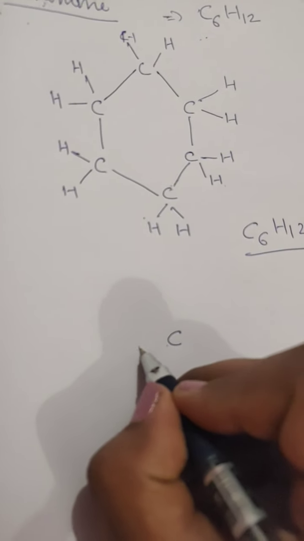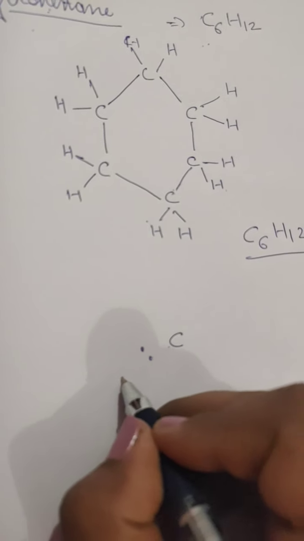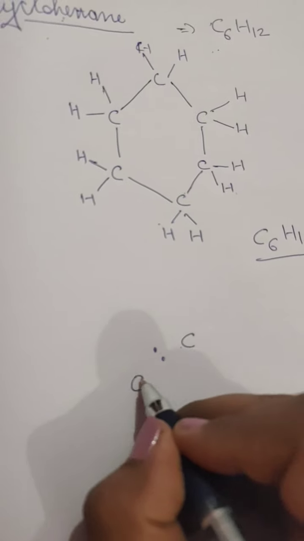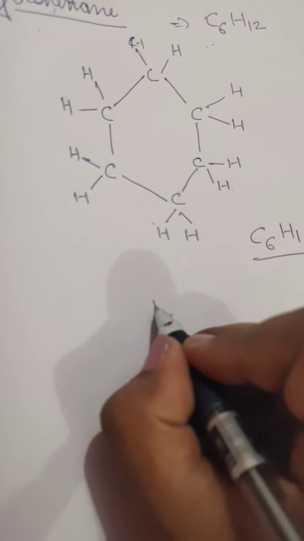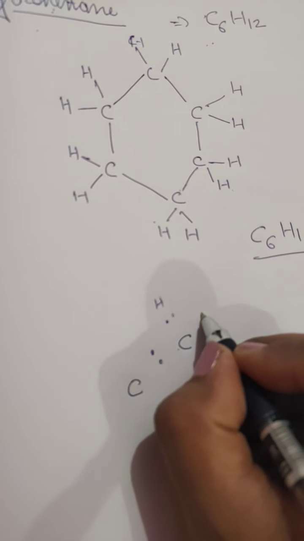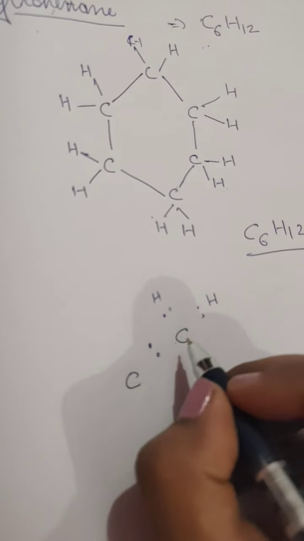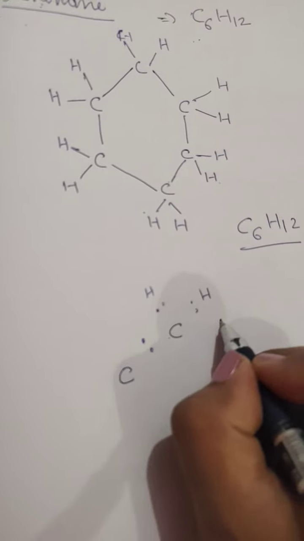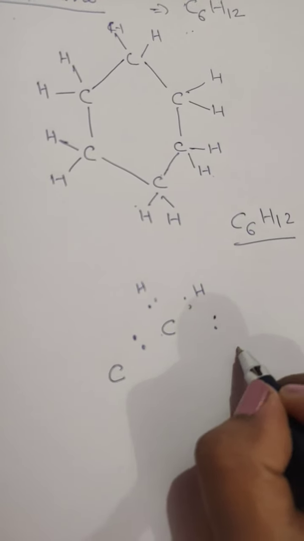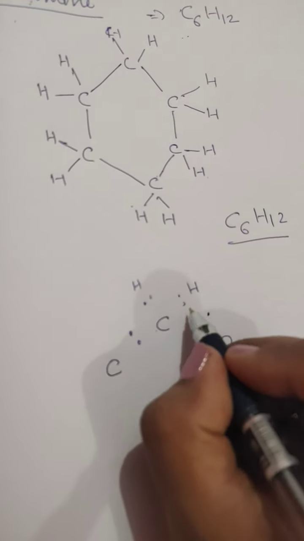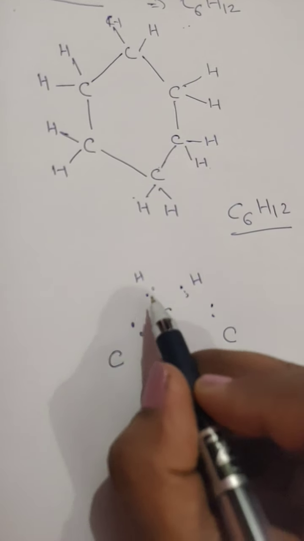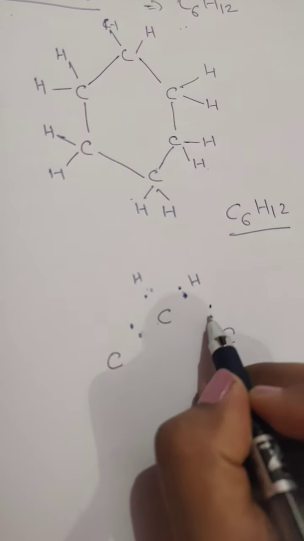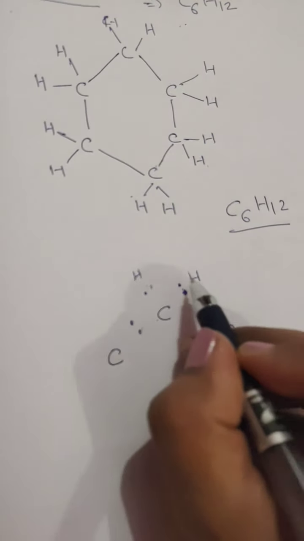Okay, if I explain in another manner, this C will be sharing 2 electrons with the hydrogen. That means one of this and one of this, and then again hydrogen here, and then again hydrogen here. So that means it is having all 8 electrons. The other C is here, because each carbon has 4 electrons, so 1, 2, 3 and 4. So it is having 8 electrons.